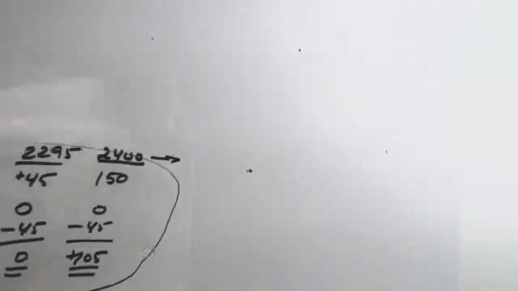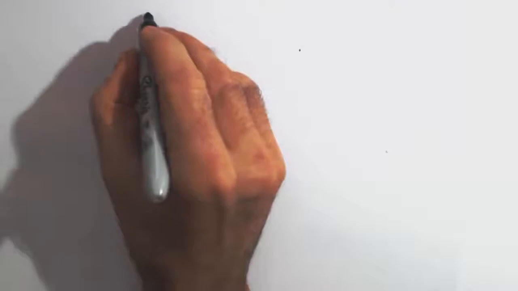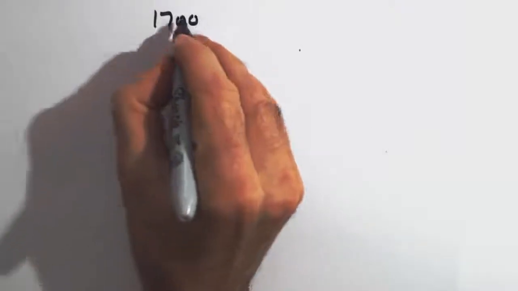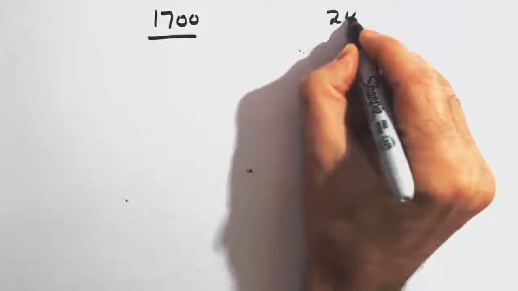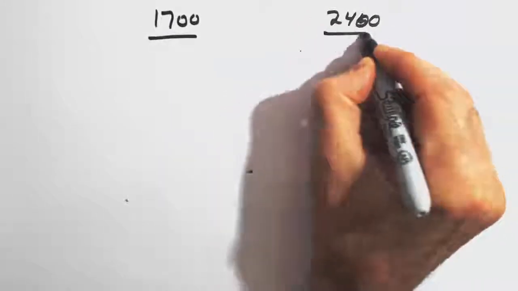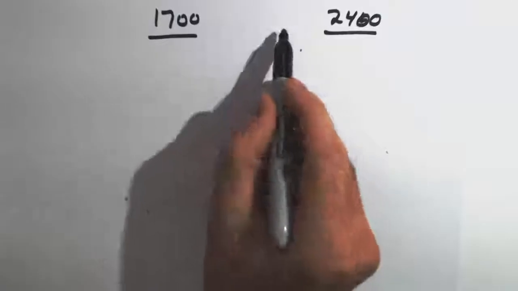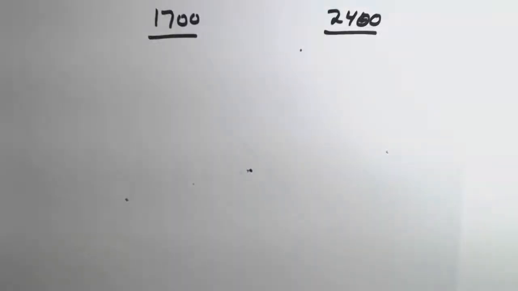So let's do the math at 1700 like we did earlier, and we'll do the math at 2400, and I'll leave you to do the in-betweens, the 2000 and the 2295.